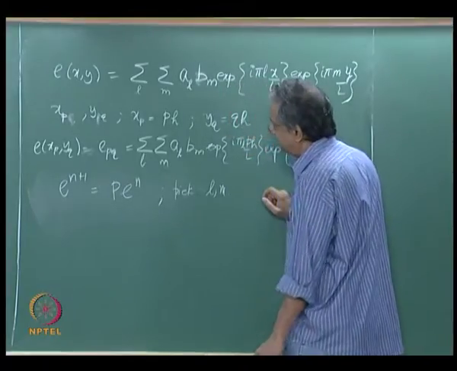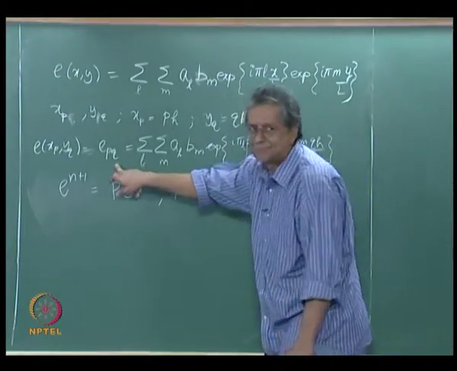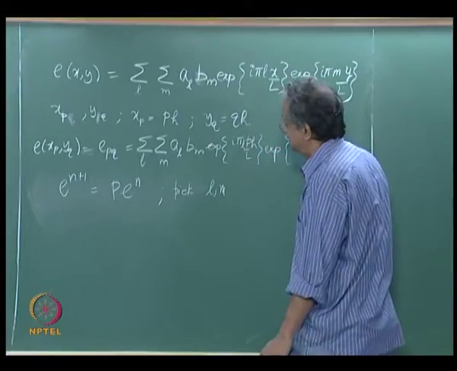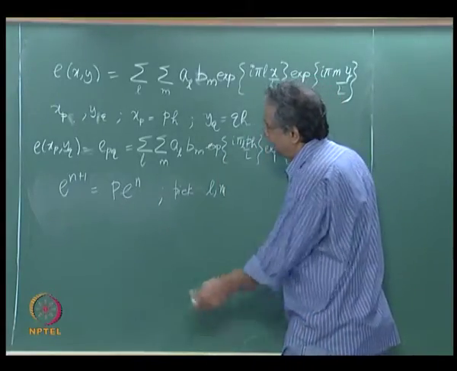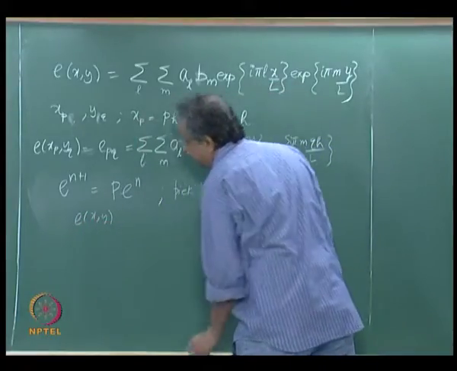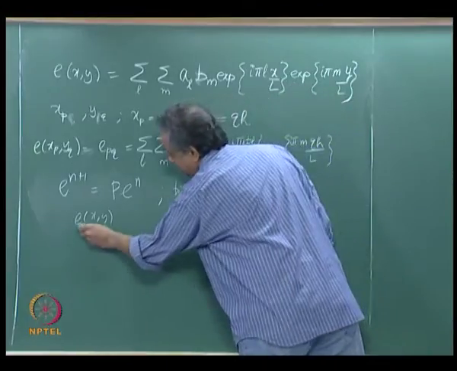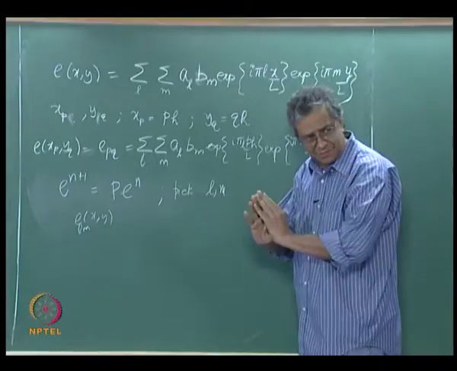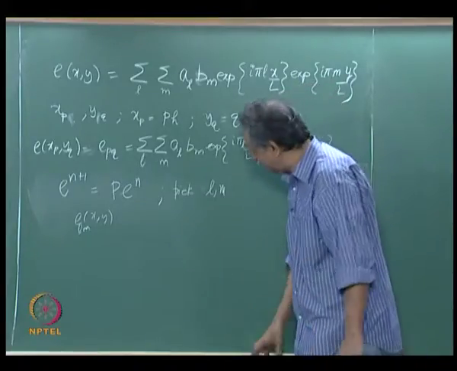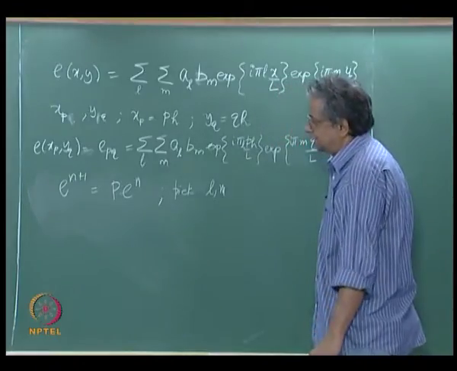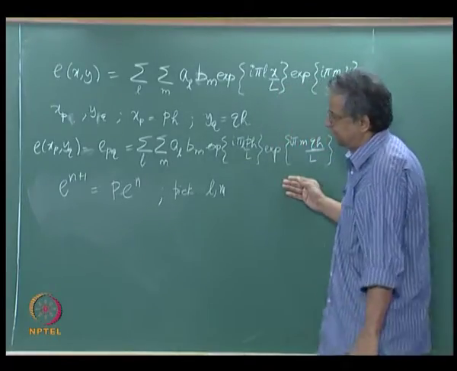So I should in theory also add a subscript in E of x, y saying that I am going to do the l comma m component, but just so that I do not make it too complicated, I will leave it, we know that we are dealing only with an l comma m component I have picked. Okay. So what does that do? Let's substitute it into our equation and see.